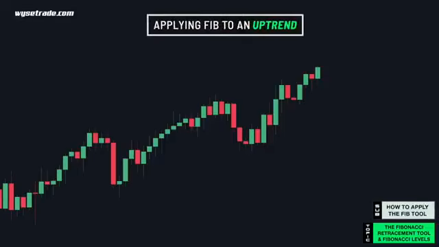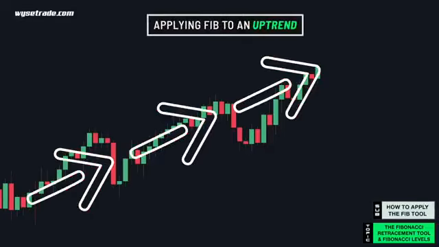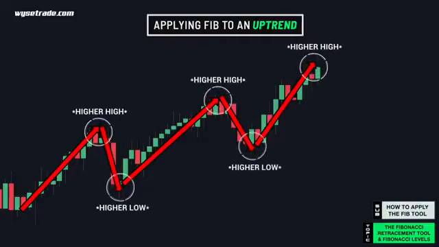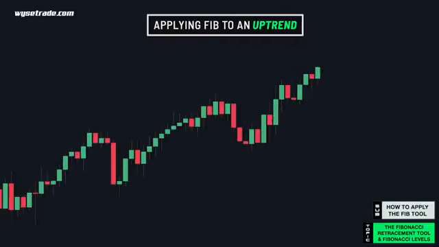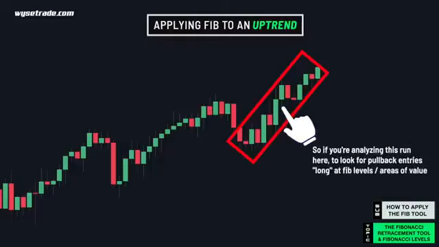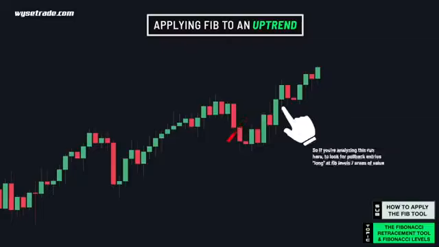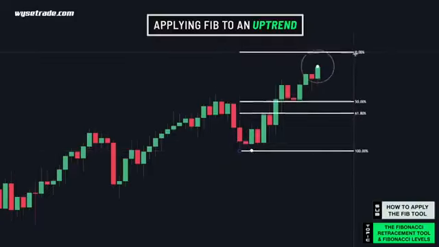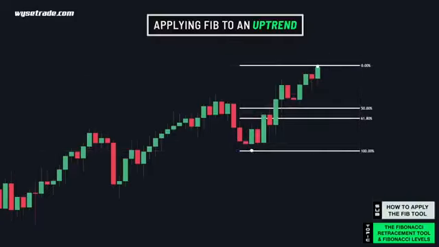Let's say you're analyzing this current moving uptrend. You have your run, pullback, run, pullback, run. As you already know, an uptrend makes higher highs and higher lows. So if you are analyzing this run here and want to apply the Fib tool to find areas of value to enter trades long at, here's how it works. You grab your Fib tool, click where the swing low is at the bottom of the wick, drag the tool to the top of the moving trend and where the swing high is.